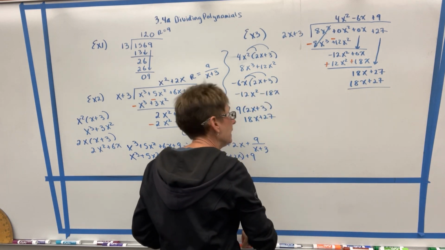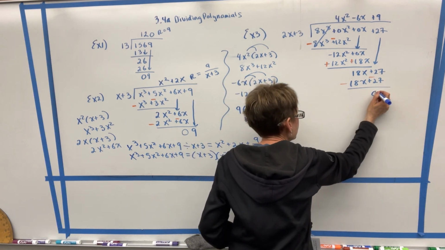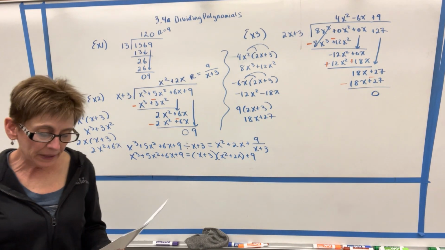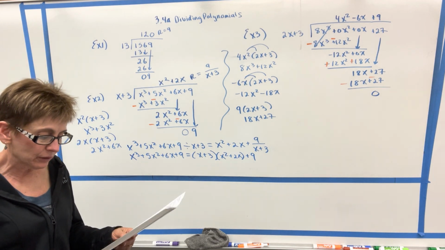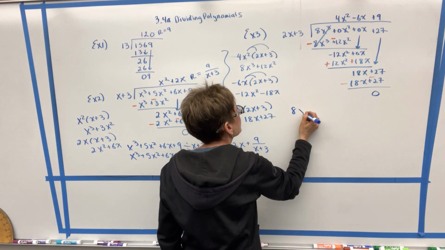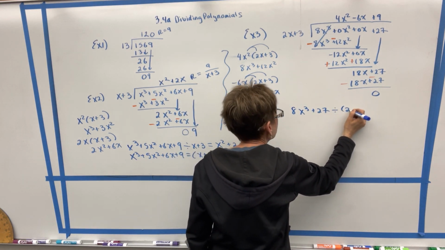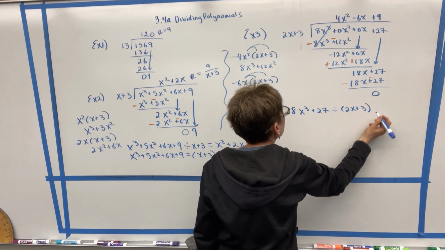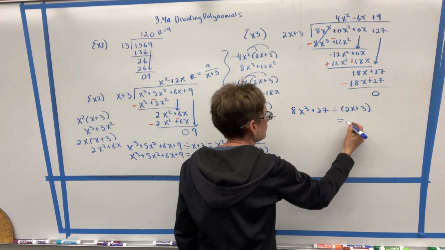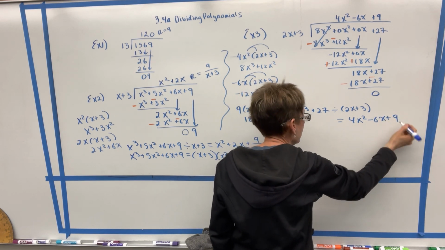Notice when I do that and change signs and add, there is no remainder this time. When there is no remainder, I have essentially learned how to factor. I've learned that 8x cubed plus 27 divided by 2x plus 3 is equal to 4x squared minus 6x plus 9.